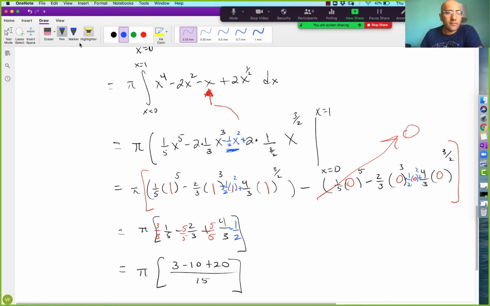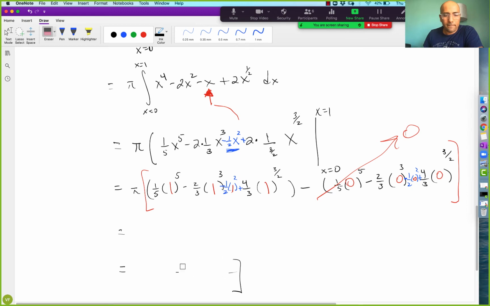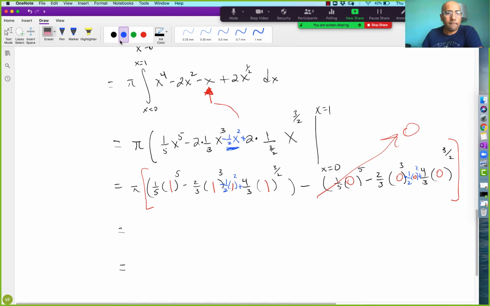Okay, so then let me just redo this part, because I need a slightly different common denominator. So this will end up being pi times 1/5 minus 1/2 minus 2/3 plus 4/3. Now the common denominator is no longer going to be 15 because of the 2, so let's go to 30.